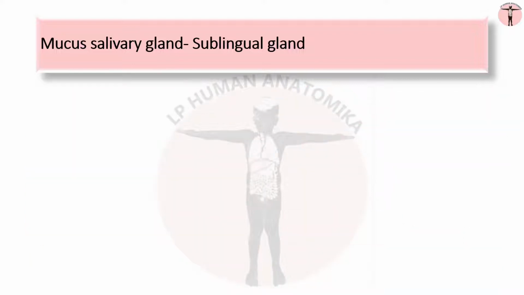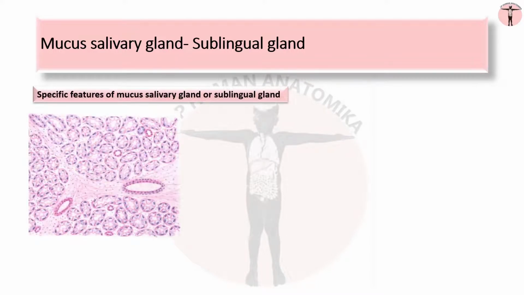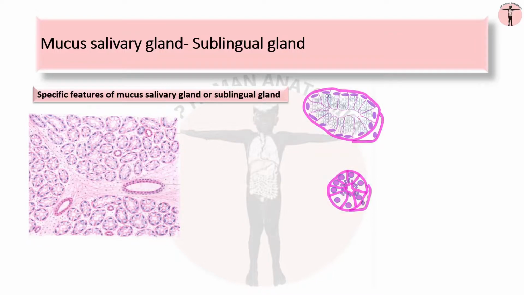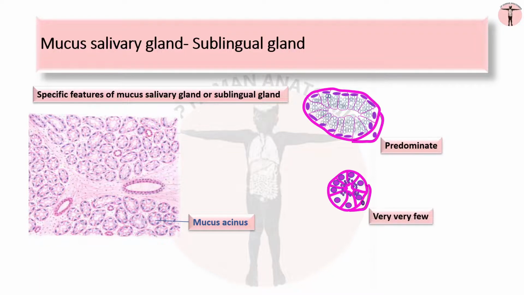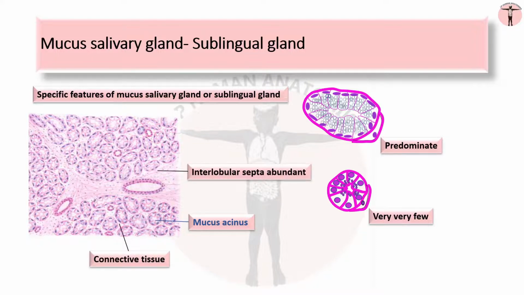The specific features of the mucous salivary gland or sublingual gland are that both serous and mucous acini are present, but mucous acini predominate over very few serous acini. The connective tissue between the acini and the interlobular connective tissue septa are abundant. The intercalated ducts are short or absent and not observed in the section.